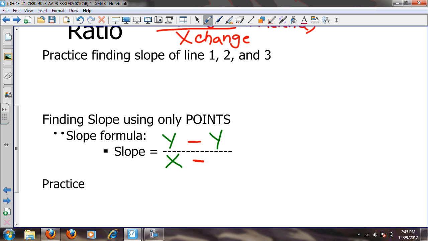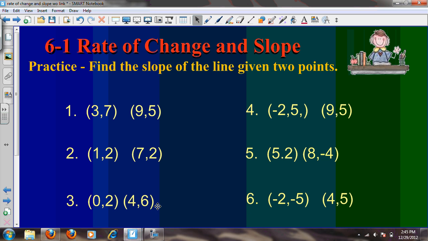Then an x minus an x. And we got that by, we're going to say y2 minus y1 over x2 minus x1. And I'm going to talk you through that here as we look at some examples, finding slope just using points.